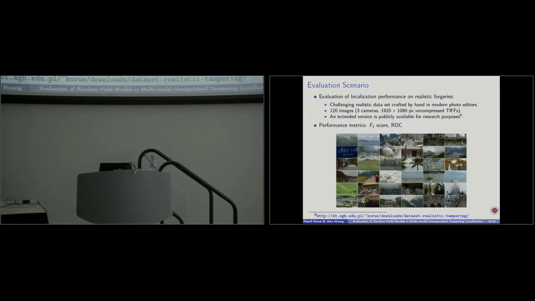And as for the data set, I created a data set of realistic forgeries. For this particular experiment, the data set contained 120 realistic forgeries with images from 3 different cameras. Right now, this data set is slightly larger because I extended it over the next month.